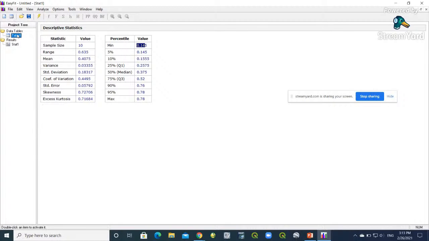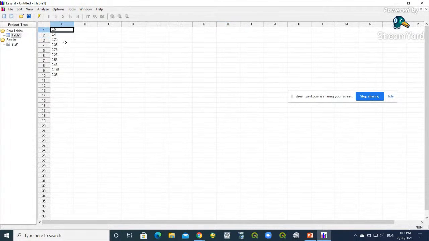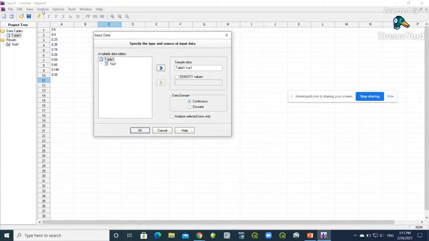Further, if you want to plot the probability distributions of this data, you go to Analyze and click on Fit Distribution.